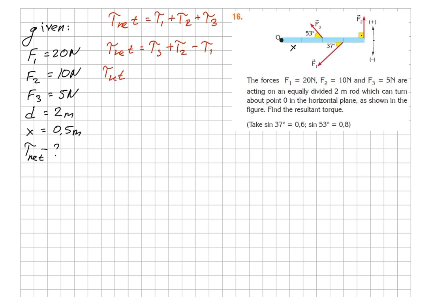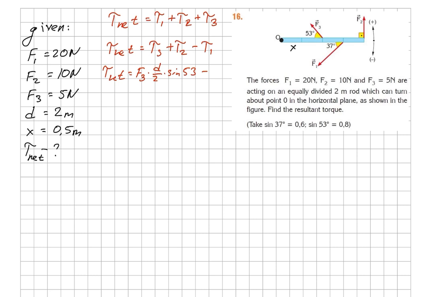So the net torque will be equal to torque 3, which is force 3 times the distance d over 2 times sine 53, and minus torque 2.